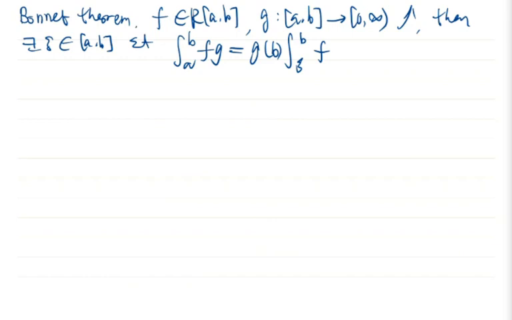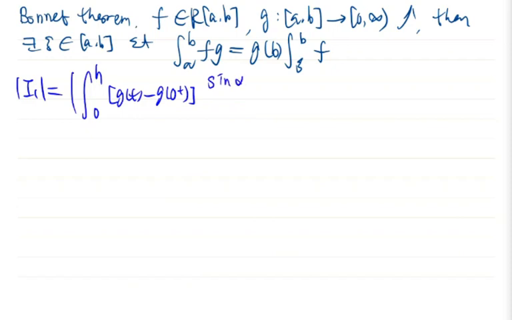We need this result. I don't know whether you have studied this result in mathematical analysis 1, but we need it here. So from this we get the absolute value of I1. That is, I1 is the integral from 0 to h of (g(t) minus g(0+)) times sin(αt)/t dt.